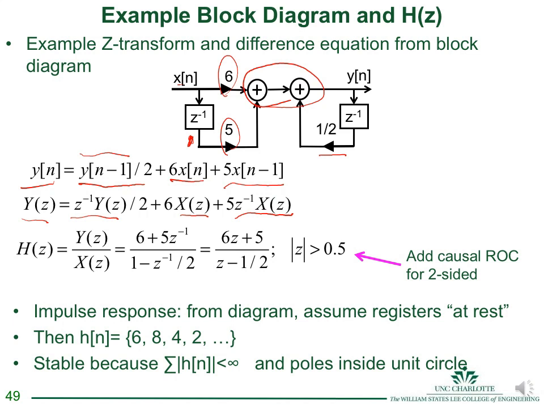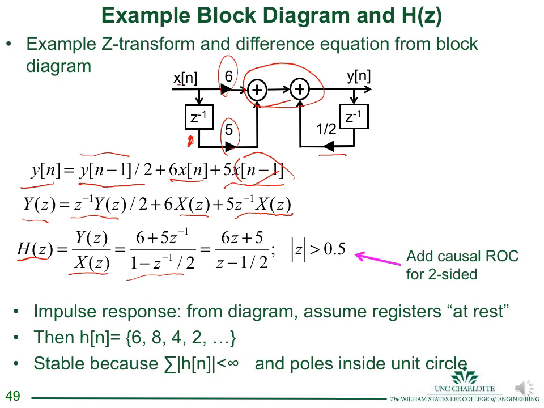Then I can rearrange this, solve for the ratio of Y over X. So output over input is the transfer function of the system. And so in terms of z to the minus 1, it would be 6 plus 5z to the minus 1 over 1 minus z to the minus 1 over 2. But I can multiply top and bottom by z and get it into 6z plus 5 divided by z minus a half.